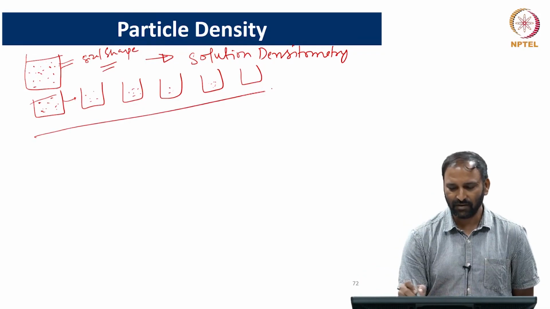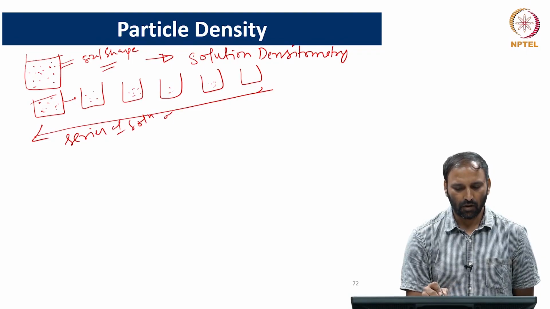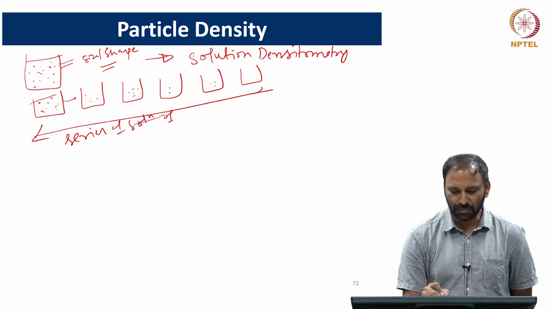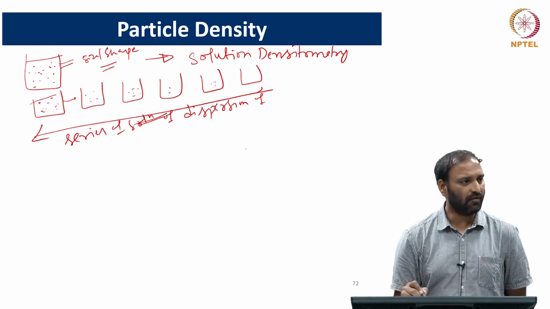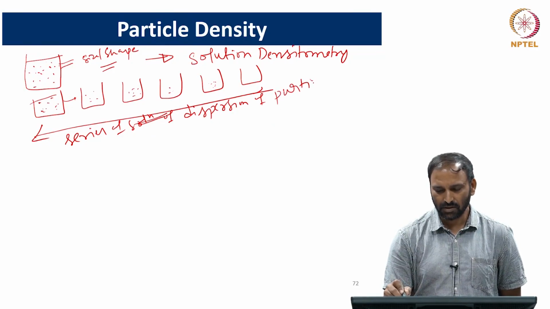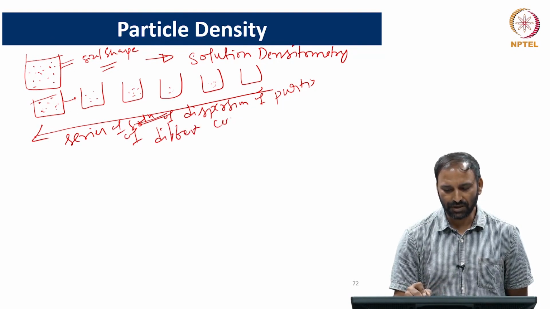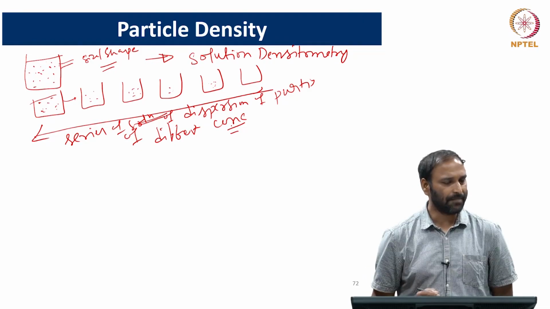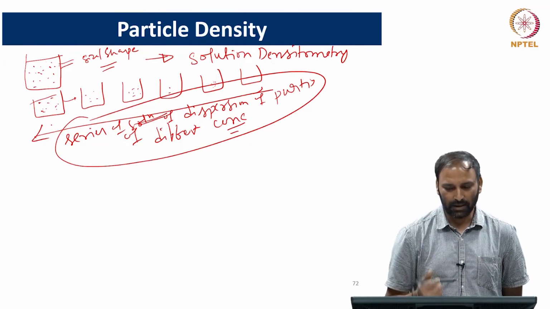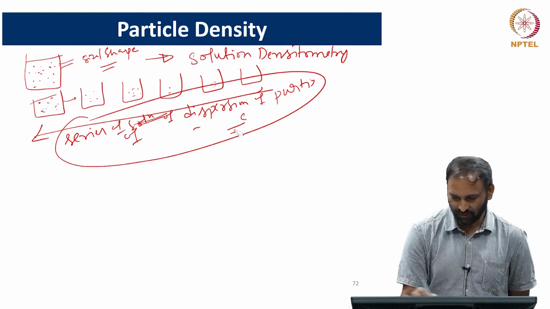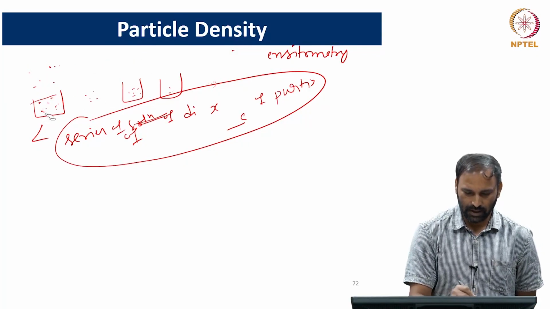Okay, I basically have a series of solutions, or series of dispersions if you want to call them, of particles of different concentration. Okay. Let's think a little bit how from that we get the particle density data. So, what we will do is I am just going to rub this off quickly.